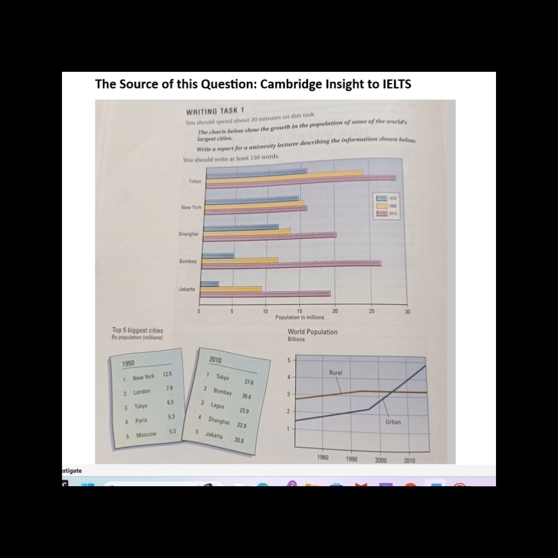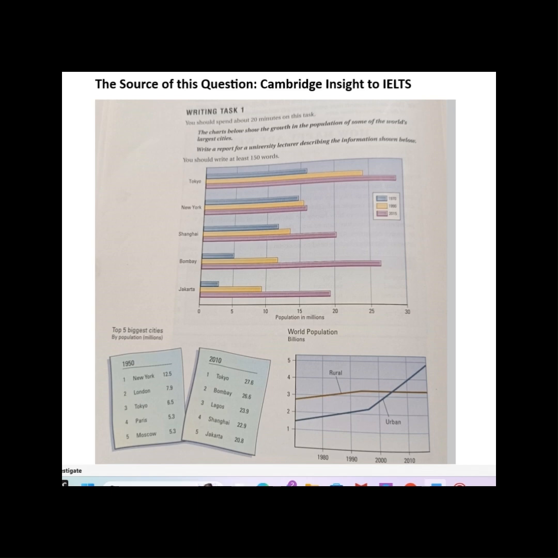Now look at the main question. There are 3 charts in this question. The first chart is a bar graph, and there are 5 countries on the left side and 3 years on the right side. And below the chart there are numbers which indicate population in millions. Okay, the next chart is a table. Actually, there are 2 tables which are small. It is about top 5 biggest cities by population in millions in 1950 and 2010.